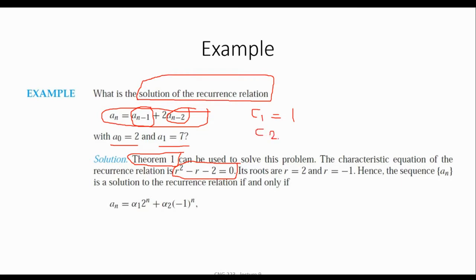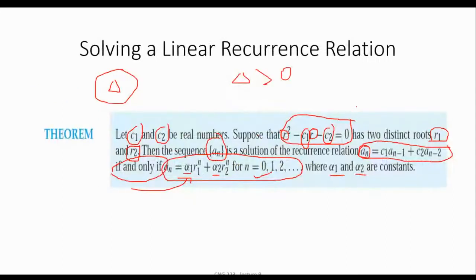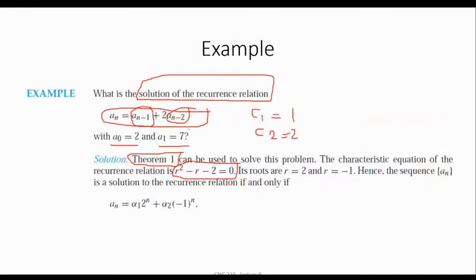This is 2. So if I go back here, you see C1 now is 1. So if I say r^2 minus C1 r minus C2, now just assign the values one by one. C1 is 1 and C2 is 2. That's why here we have this equation.